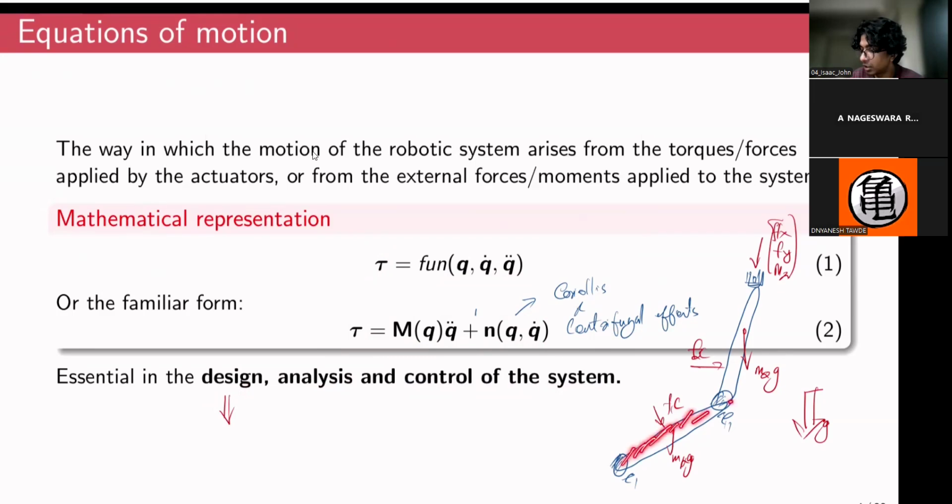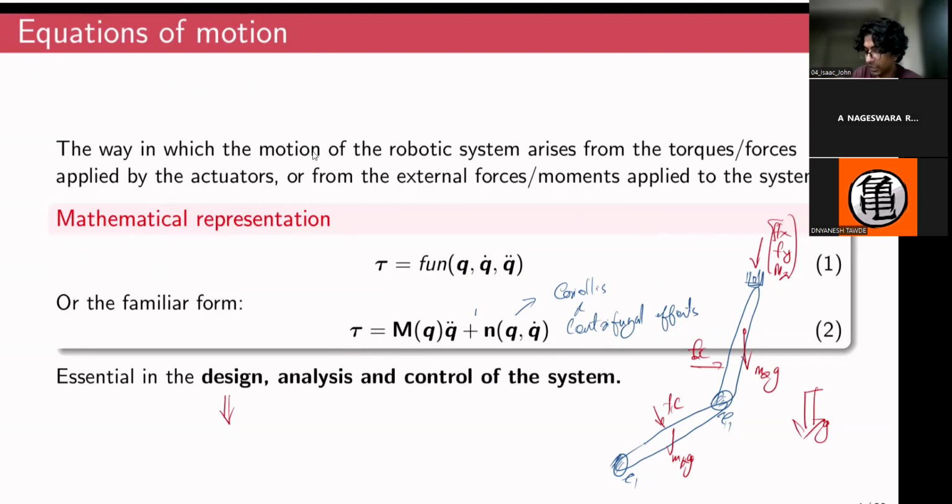Depending upon how much force is acting on these links, or maybe the reaction forces acting on either end of a link, we can either strengthen the links or maybe save some material. And then again, the force acting on the link depends on how fast the link is moving, because if the link is moving very fast, the inertial effects will contribute to higher forces on the links. Or if the link is subjected to higher payloads, that will also need increased strength of the links themselves.